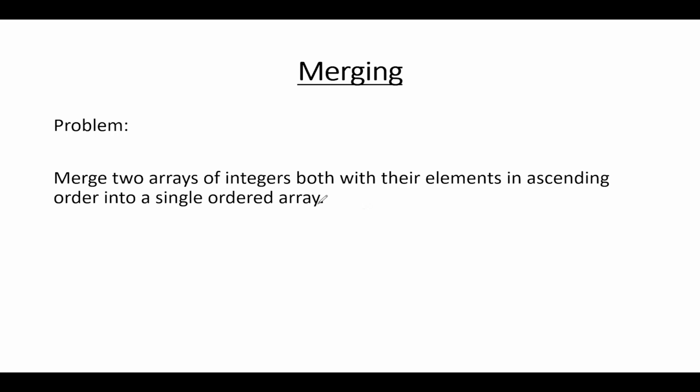Here we are talking about two arrays, hence it is a two-way merge. When I say two-way merge, I'm using two lists or arrays and creating a single list. So this is the problem statement.